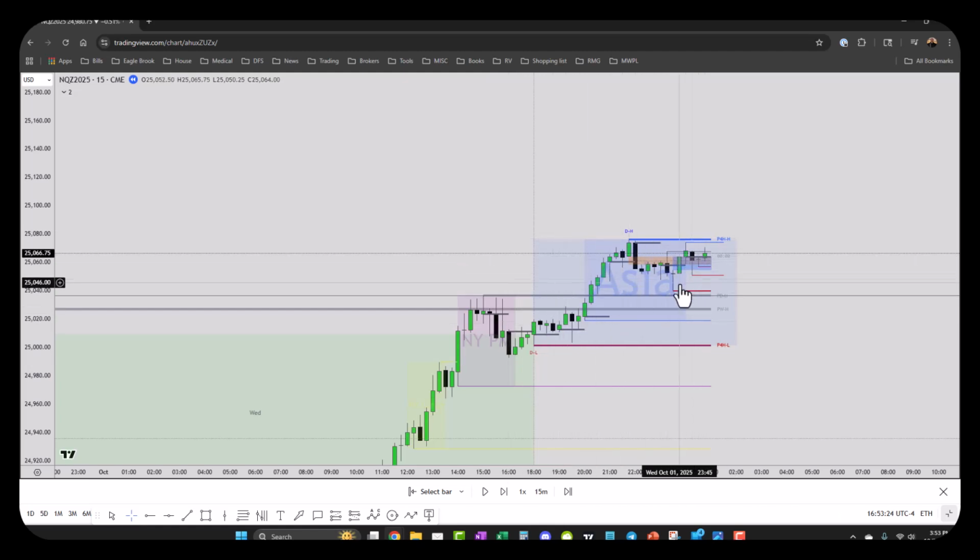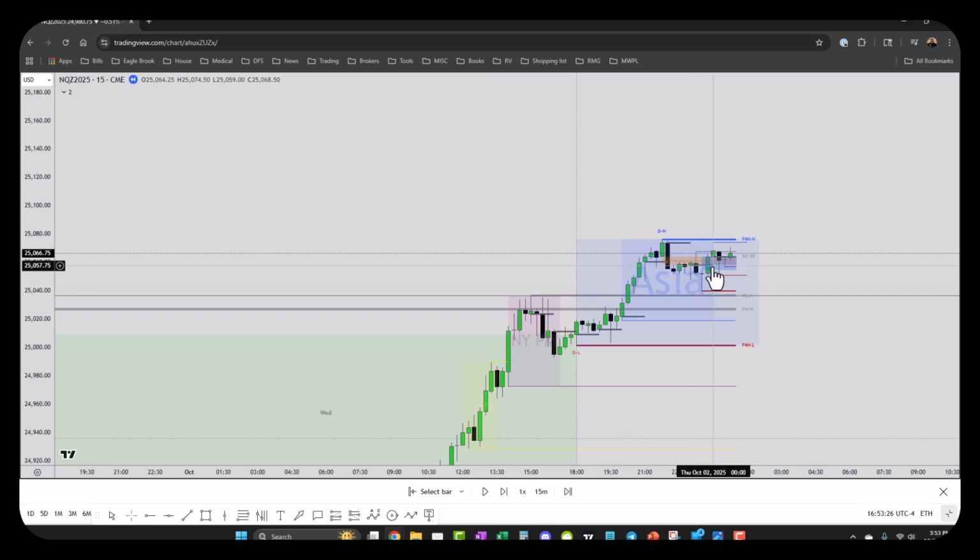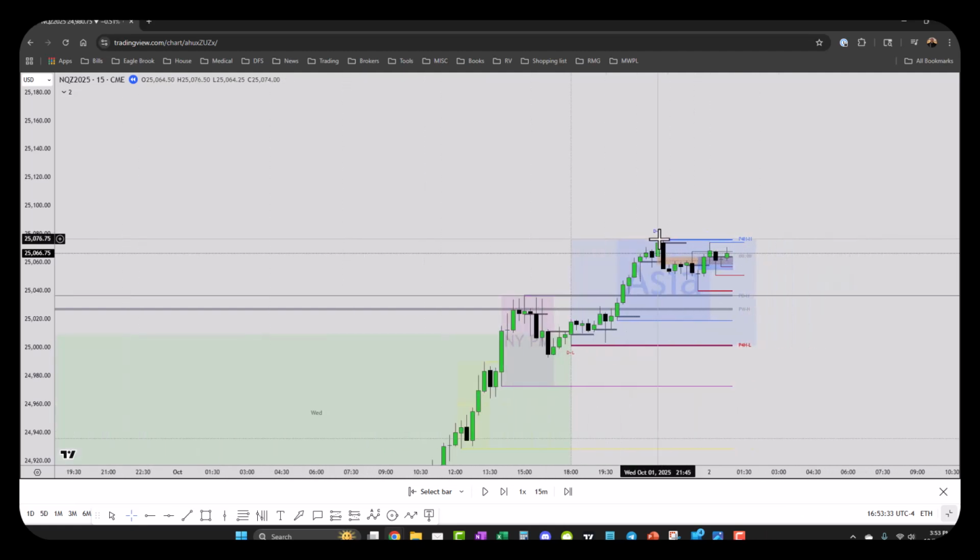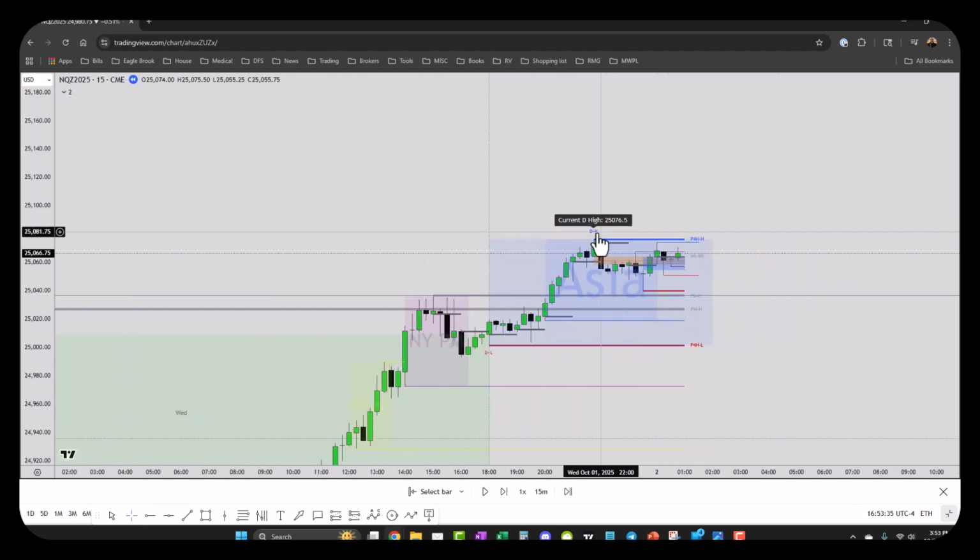Now we got a 15-minute swing low, 2 swing lows, daily high so far, which is also the all-time high, establishing the Asia session. So Asia just closed up. We've had some accumulation here. Now we're consolidating. I'm anticipating a longer move up. So I'm looking for longs.